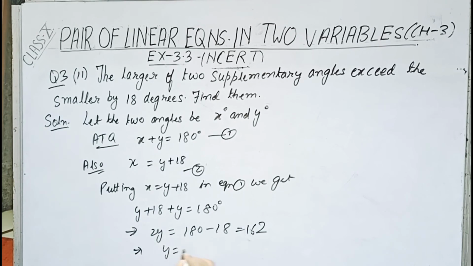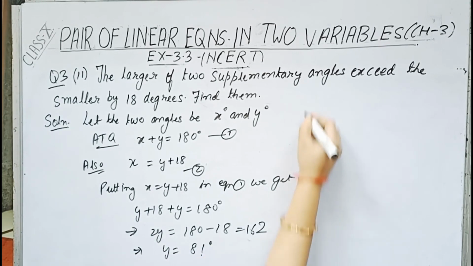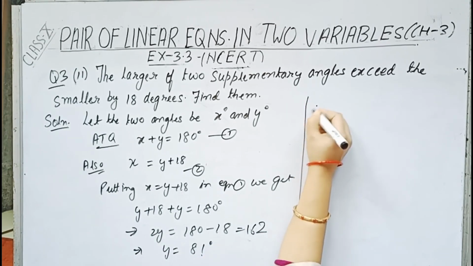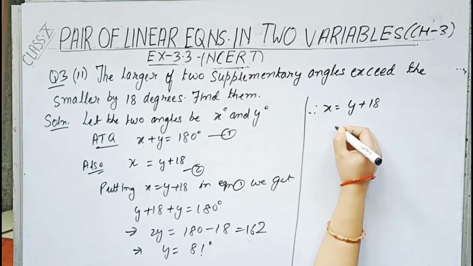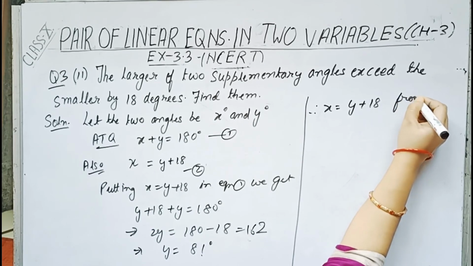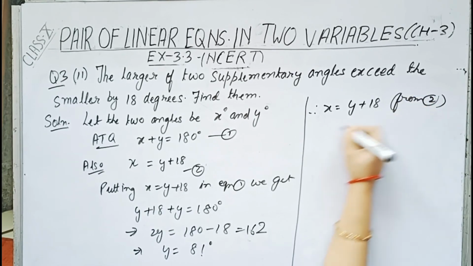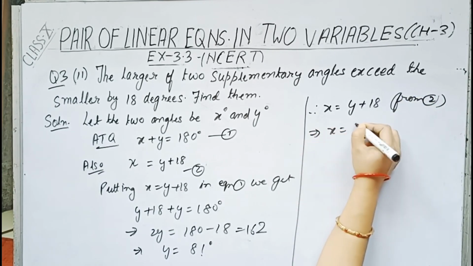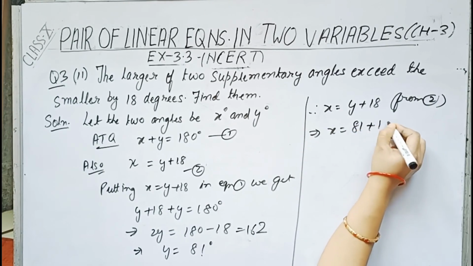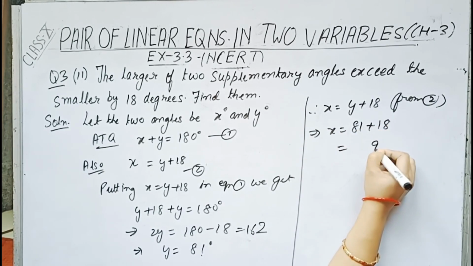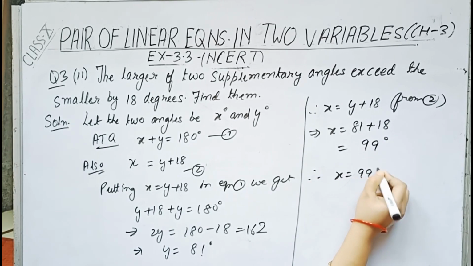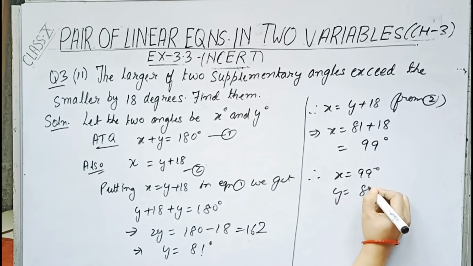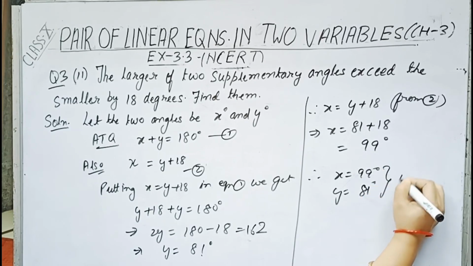This implies y equals 81 degrees. Therefore, from equation 2, x equals y plus 18 implies x equals 81 plus 18 equals 99. Therefore, x equals 99 degrees and y equals 81 degrees. Answer.